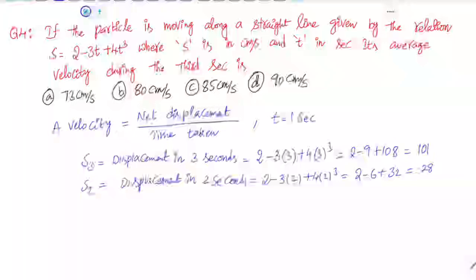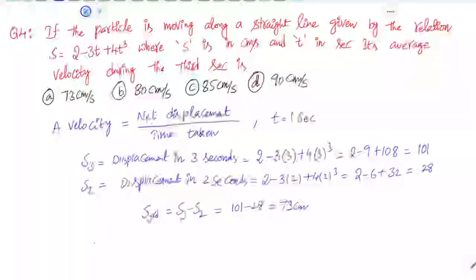I want to find the displacement in the third second. Therefore, S third is equal to S3 minus S2. It is equal to 101 minus 28. 101 minus 28 is 73 centimeters.